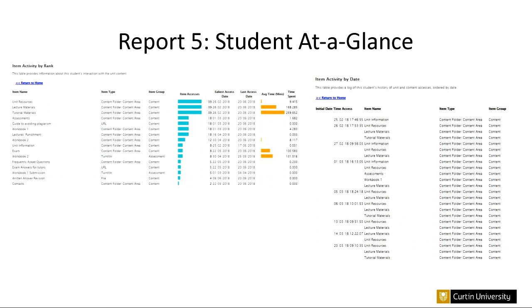So this left half here is just like the item activity report I showed earlier, but it's got everything this student has accessed. And that right one, as I said, is just an activity log. So it's like, what was the date and time of their access, and what items did they click on when they entered the site there.